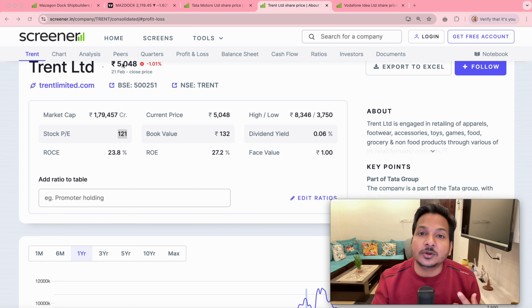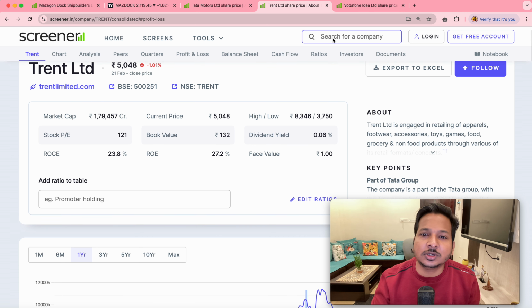If profit growth does not come in this stock, it may correct further. Any such good company, like Asian Paints, where profit growth was not there, the stock has been beaten. Any amount of reputation will not help in the stock market. If profit growth is not coming, the stock will be corrected like anything.